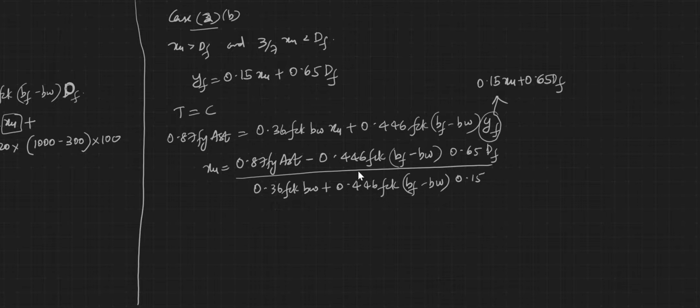2591.81, FCK as 20, BF as 1000, BW as 300, DF as 100, and the same values here.